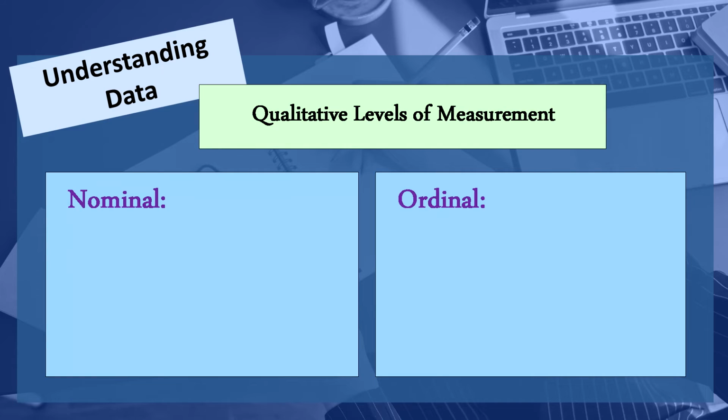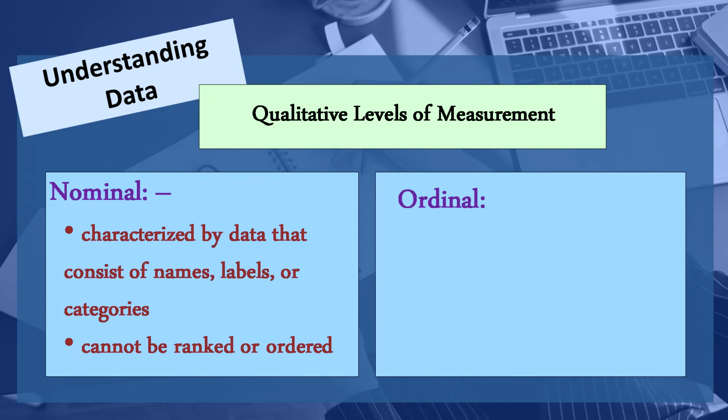For qualitative data, we have two levels of measurement: nominal and ordinal. The nominal level of measurement is characterized by data that consists of names, labels, and categories only. It cannot be ranked or ordered, and there is no difference between the categories.